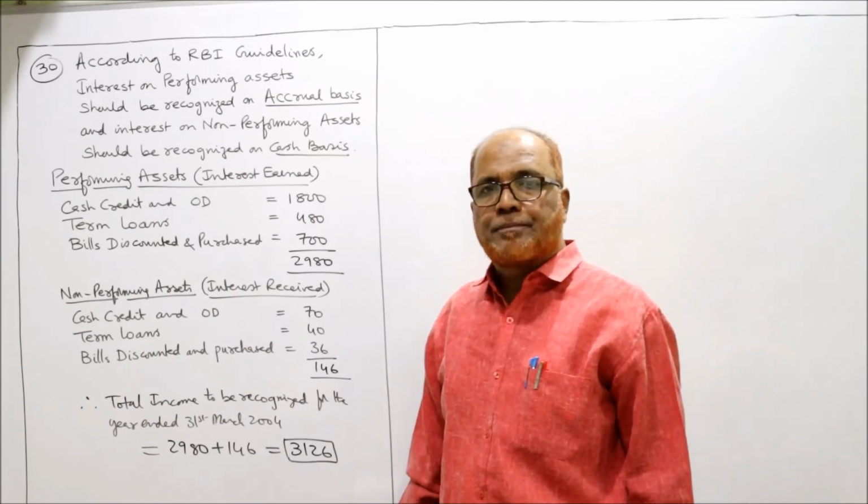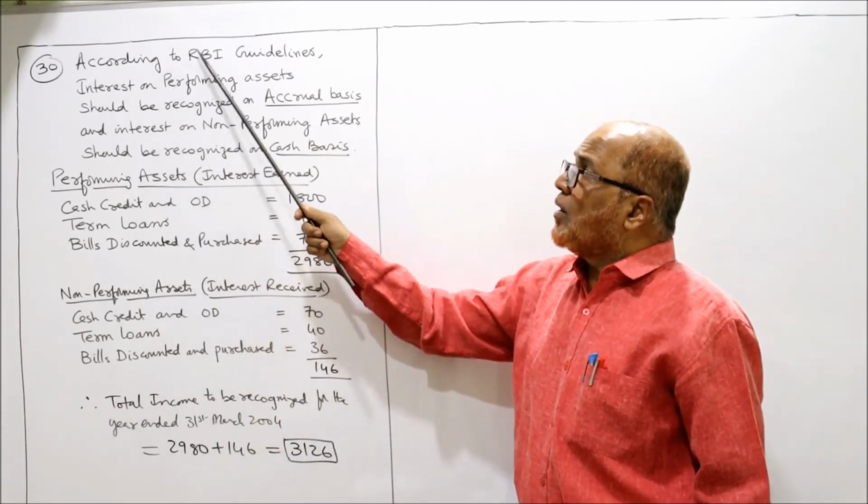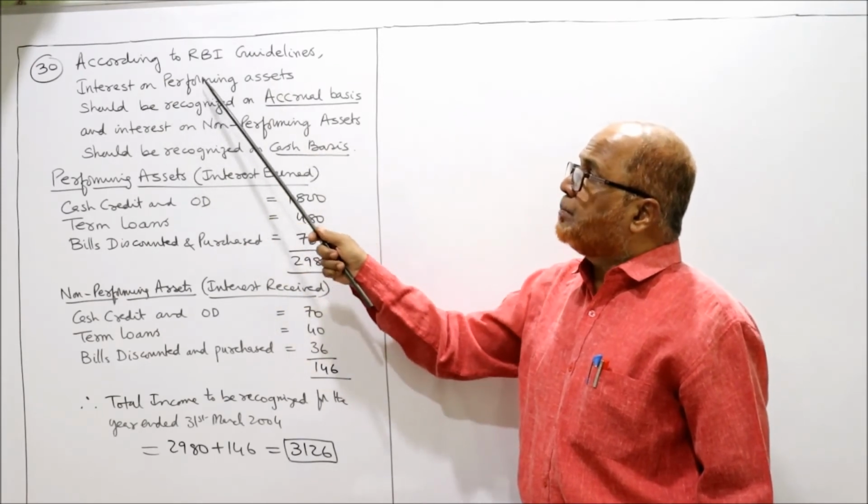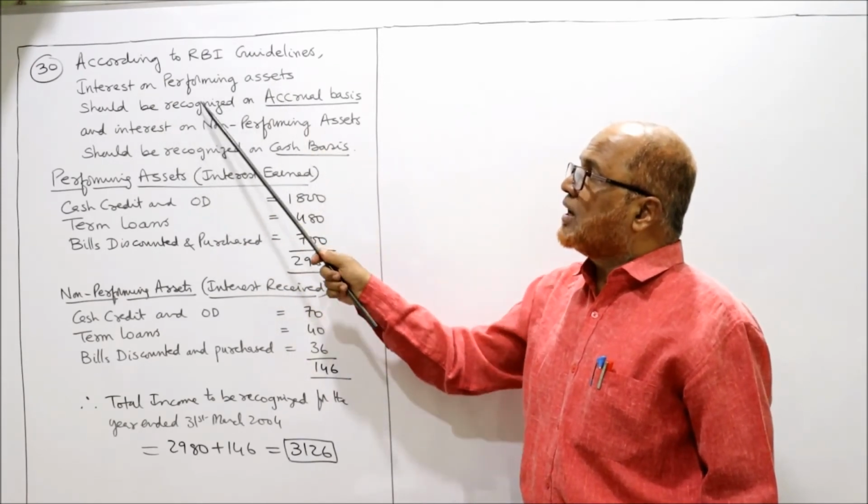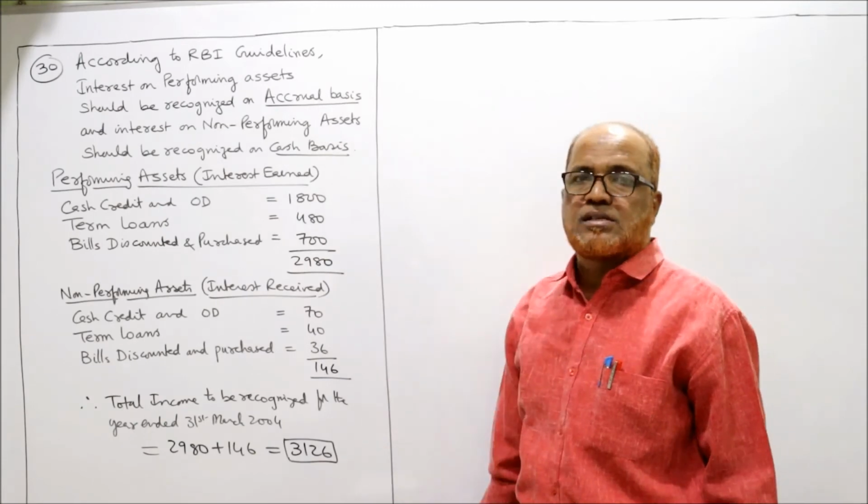So here I have written, according to the RBI guidelines, interest on performing assets should be recognized on accrual basis.